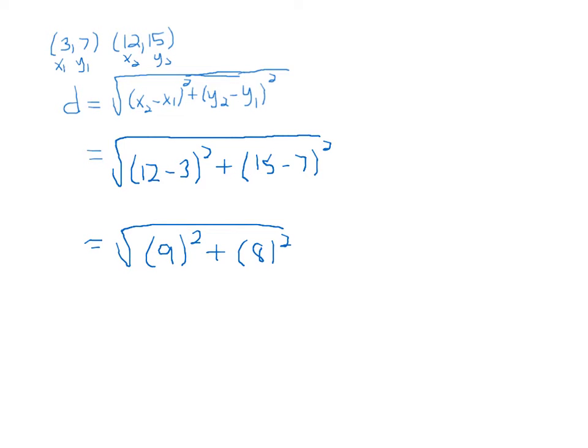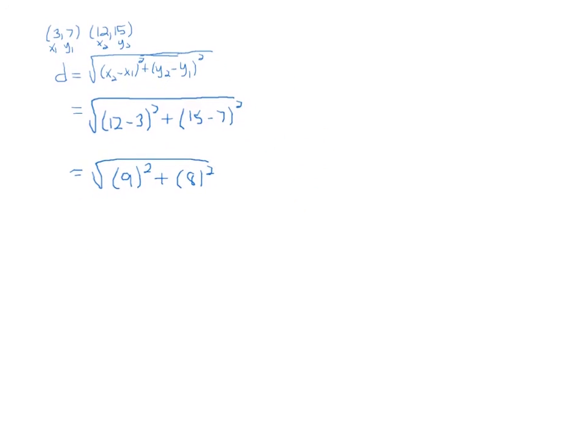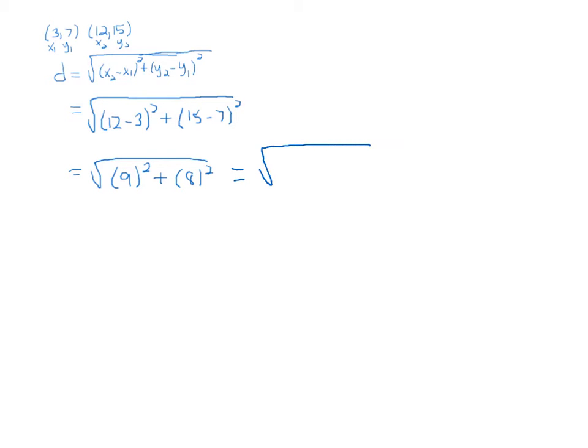So we want to now determine what 9 squared is and add that to what 8 squared is. Well, we know 9 squared is equal to 81, so I have 81 plus 8 squared, which is equal to 64. Now, when I add these two together, I get 81 plus 64, which is equal to the square root of 145. Now, it's possible that this thing will break down even further.